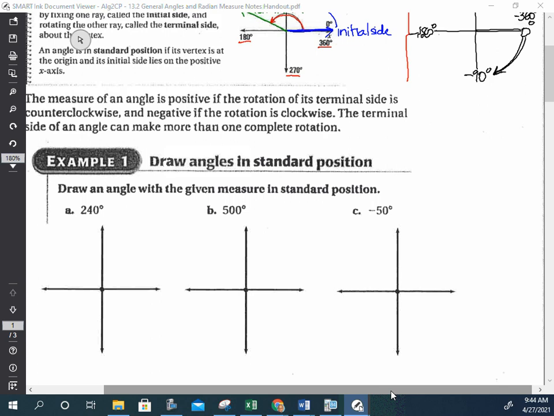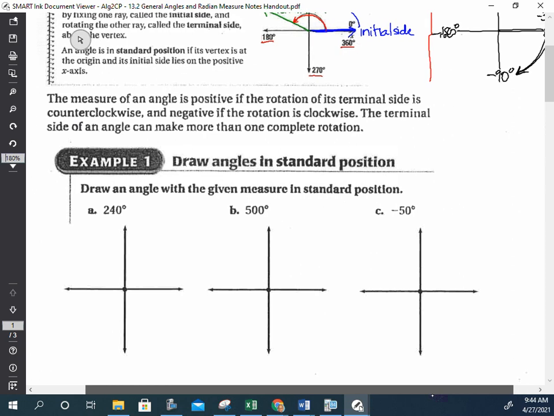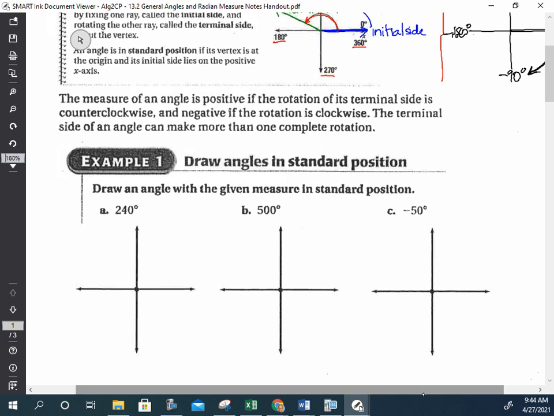So, example 1. Draw an angle with the given measure. So we're going to draw a 240-degree angle. The first thing that gets drawn is the first part of the angle, the initial side on the positive x-axis.